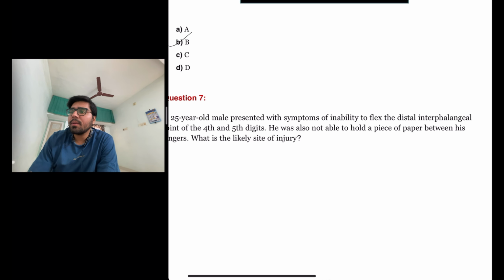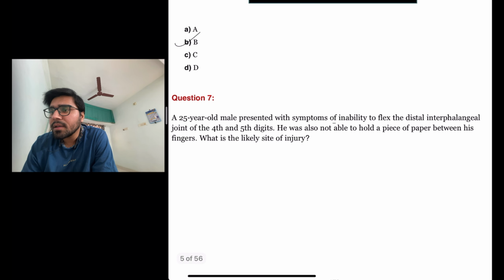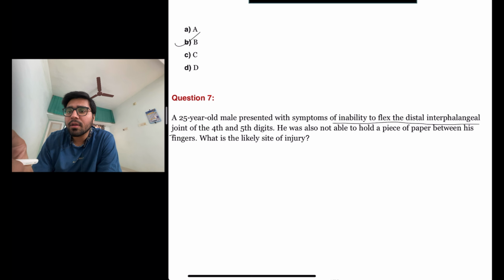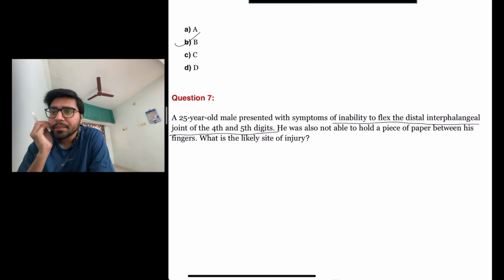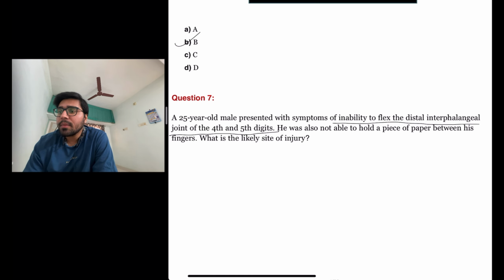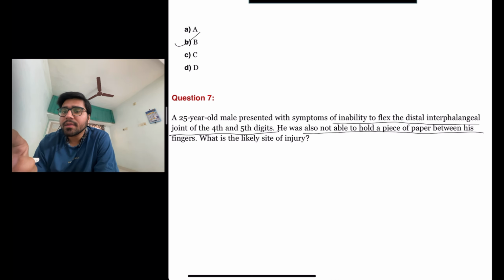This scenario is talking about inability to flex the distal interphalangeal joint of the fourth and fifth digits, and also not being able to hold a piece of paper between his fingers.